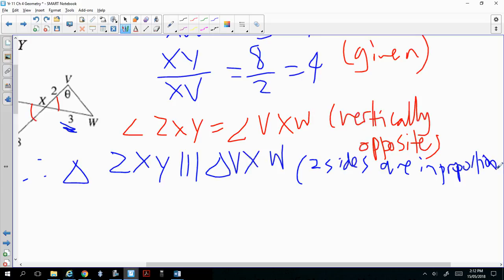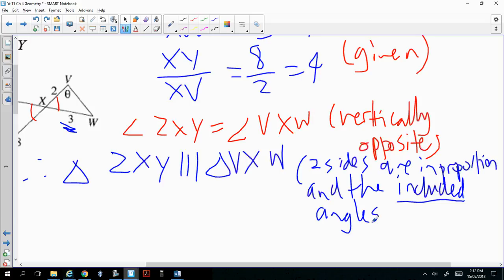You have to use the keyword included. You can't just say the angles are equal. You have to say the included angles are equal, because only if the included angles are equal can they be similar. If it was a different angle, not included, then you can't use that test.